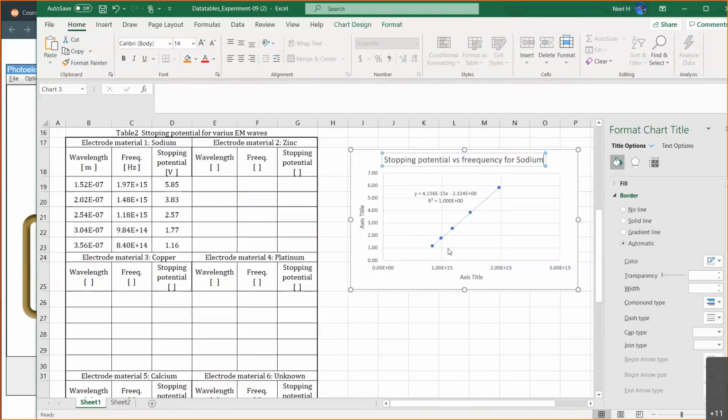This is sodium, and the x-axis is going to be frequency. The unit is going to be hertz. Hertz is 1 over second, right? And the y-axis is the stopping potential. The stopping potential unit is volt, right?